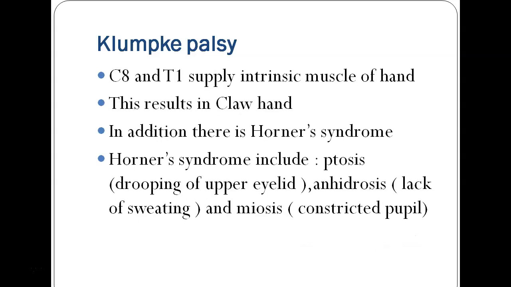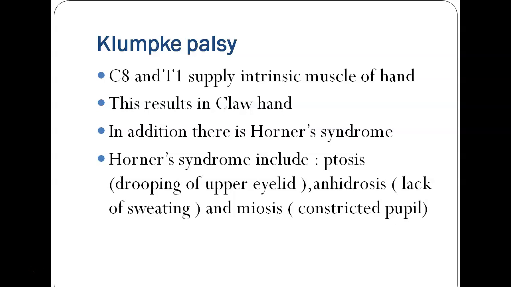In Klumpke's palsy, that is the C8 and T1 which are affected, they supply the intrinsic muscles of hand. This injury can result in claw hand.